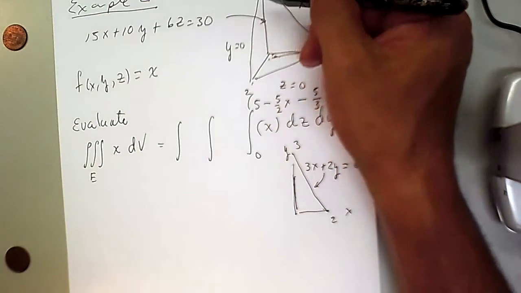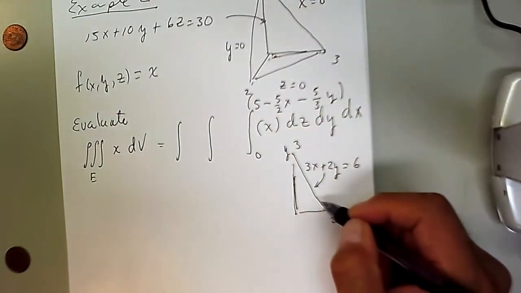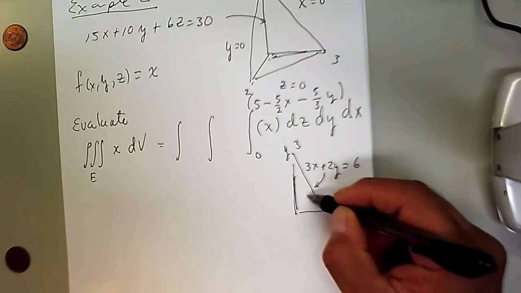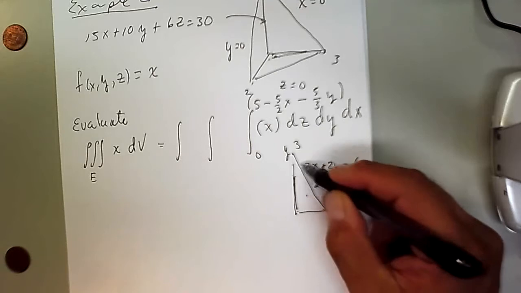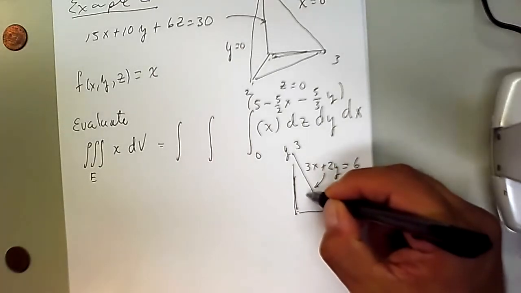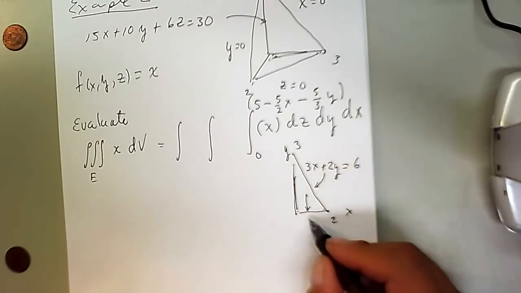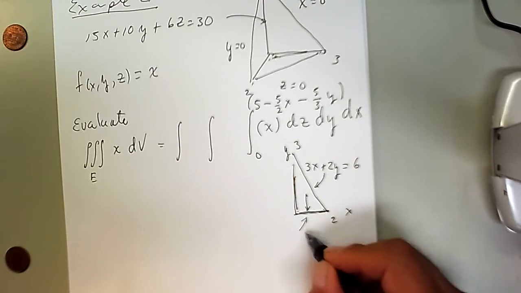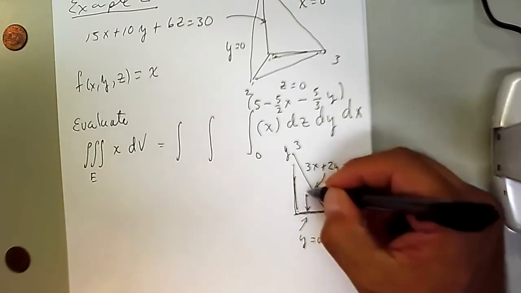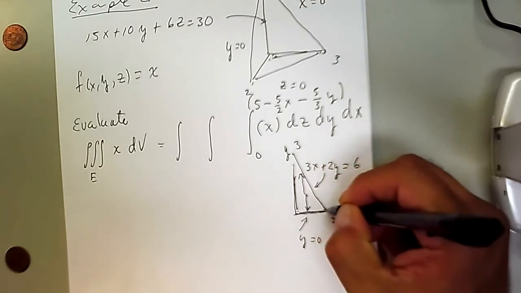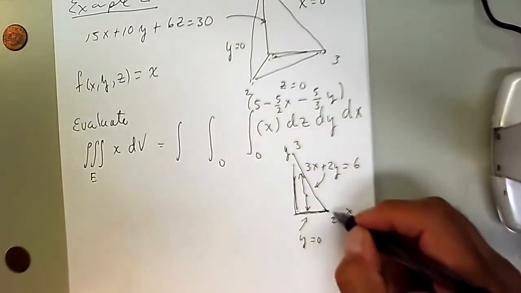Again, we're projecting everything down to the floor. So if we want to go on the y's, now again, pretend you are on a spaceship, but now this is not a solid, this is just a plane figure. It's a triangle. Still, if you go down to the floor, you end up with y equals 0. Remember, this line has equation y equals 0. And if you go up, we bump into this. So 0 for the y's.